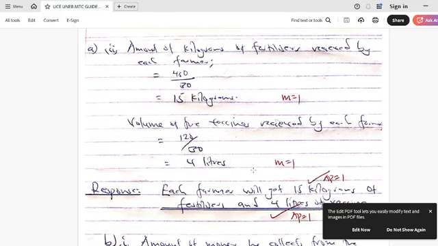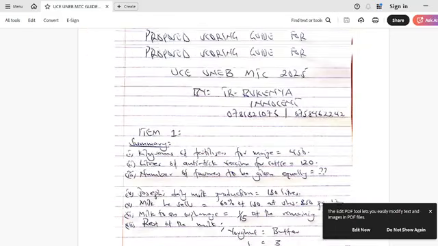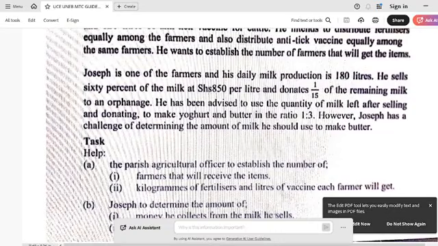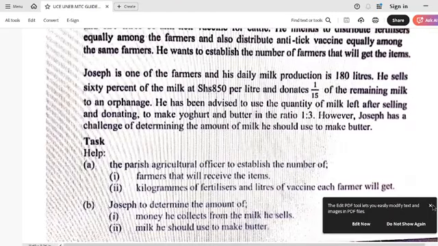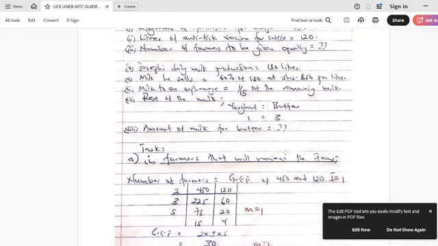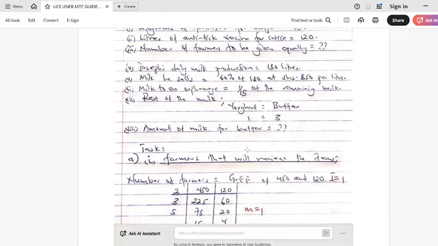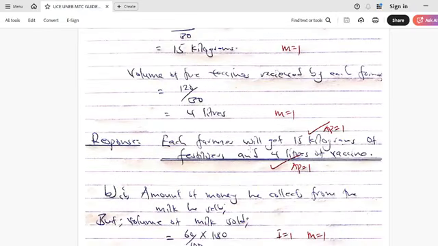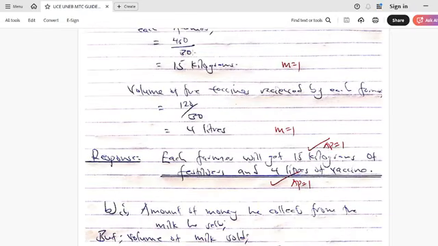Okay, let us now continue with the part A, Roman 2. According to the question, part A, Roman 2 says, kilograms of fertilizers and liters of vaccine each farmer will get. And remember, we have 30 farmers. We've discovered that we have 30 farmers, and now the items, remember, 450 kilograms of fertilizers, 120 liters of vaccines.